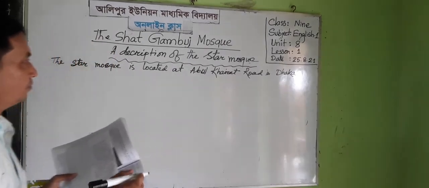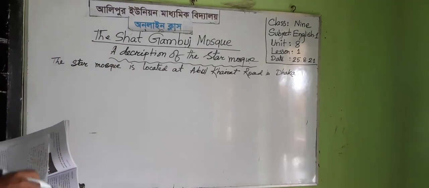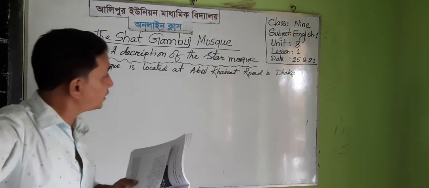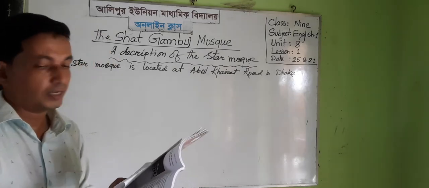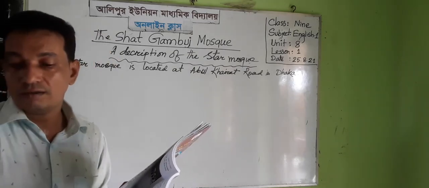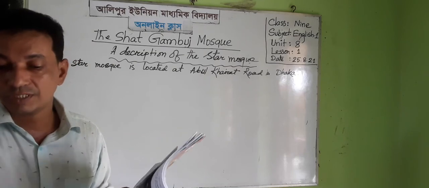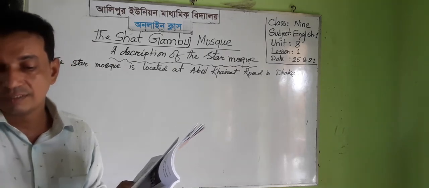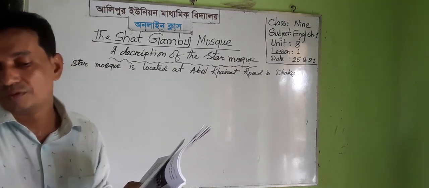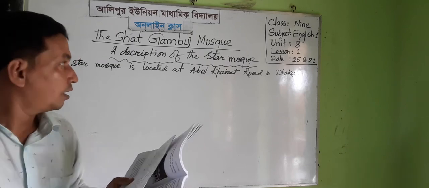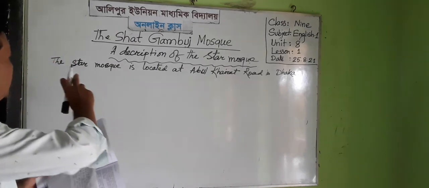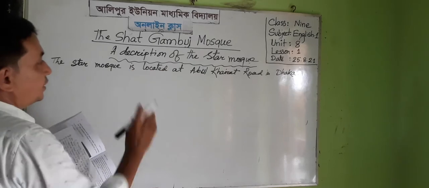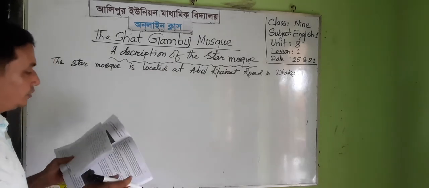First sentence may be like this: the Star Mosque is located at Abul Khairat Road in Dhaka. Because we have found the information about the mosque at first, Dhaka Abul Khairat Road. So it is the location of the road. So we may write the Star Mosque is located at Abul Khairat Road in Dhaka.